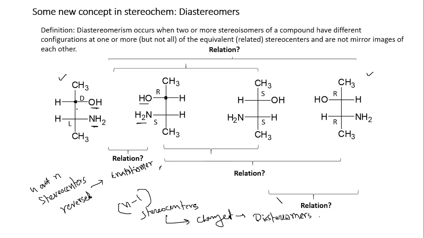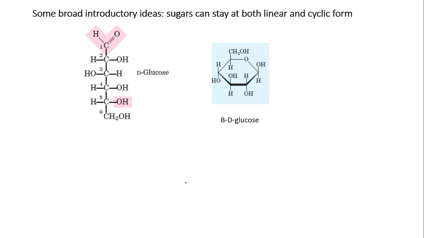You can see this carbon, the first chiral center, the OH is on one side, and on this one the OH is on the other side, right? But for this particular chiral carbon, the NH2 is still on the right side. So this relation is a diastereomer. I have written the answers here, so you can figure out which is a diastereomer, which is an enantiomer, and so on.